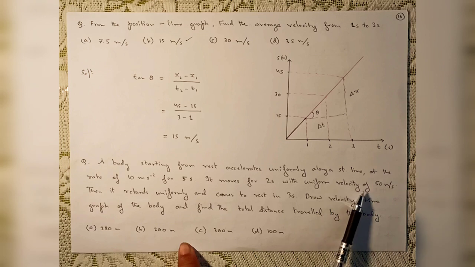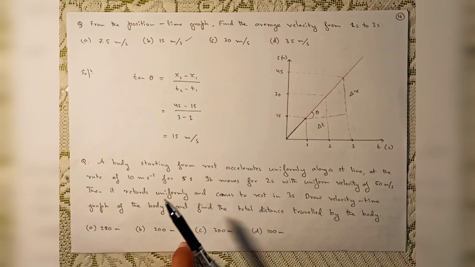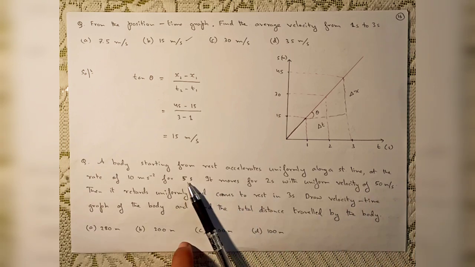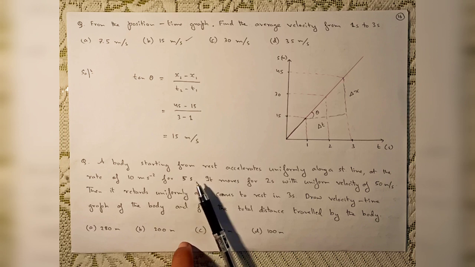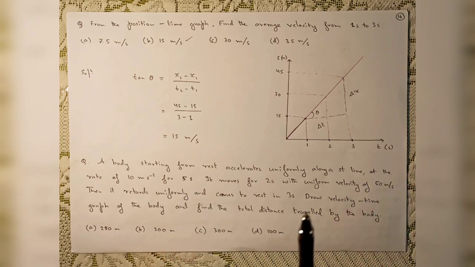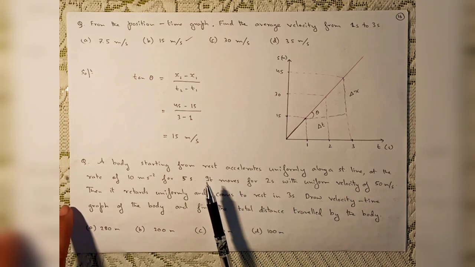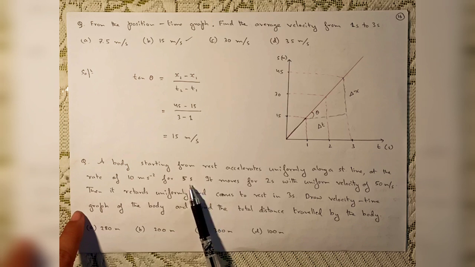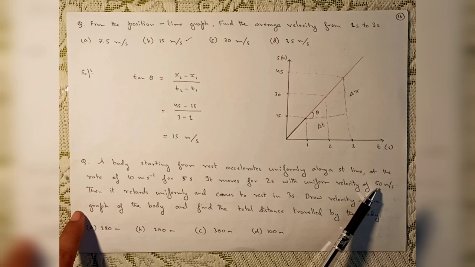Here it is indicating that after accelerating for 5 seconds, the body has a speed of 50 meters per second. You have to understand these things from the question itself.